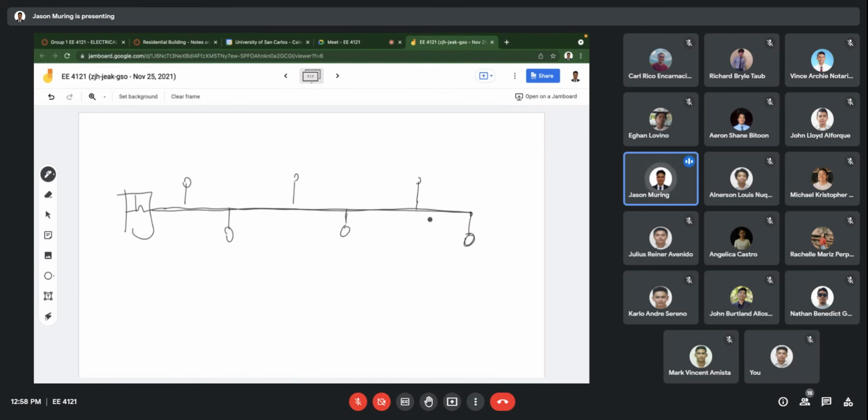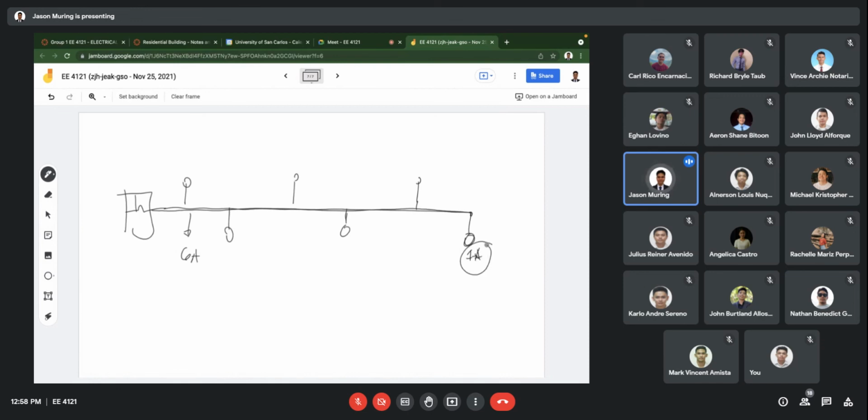Then even if the farthest load will not take the total load, so let's say that the rating for this is a 15 ampere branch circuit, but the total demand is just 6 amperes. Okay, then this specific load is only 1 ampere.